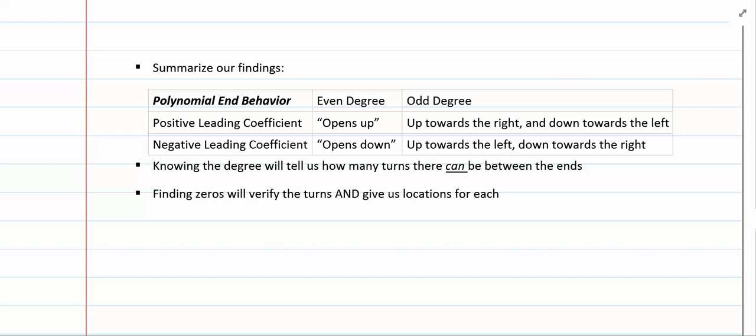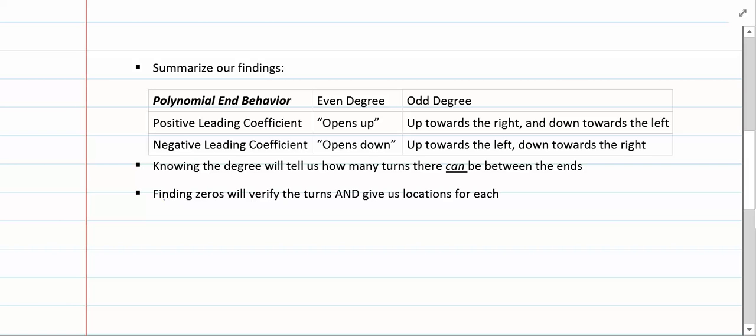Now the reason we spend some time considering polynomial end behavior is that if we know how the ends of each polynomial behave and we know the degree of each polynomial, we can get a pretty good estimate of what the graph will look like without having to use our calculator. Knowing the degree, based on our conversation yesterday, will tell us how many turns there can be in between the ends.